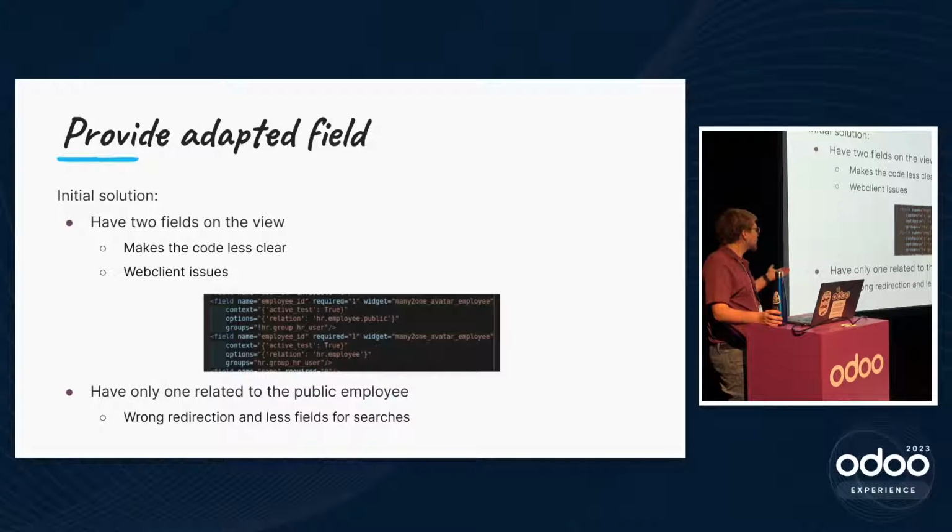The other solution we could have is to have only one field related to the public employee model. But the issue with that is that people who have the rights to access private information won't be able to do so while handling that field.